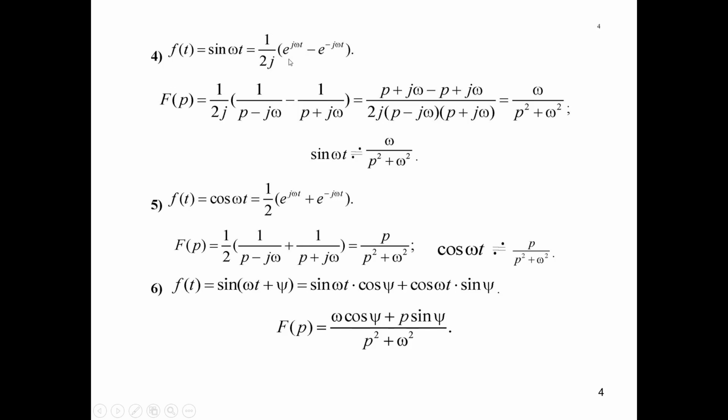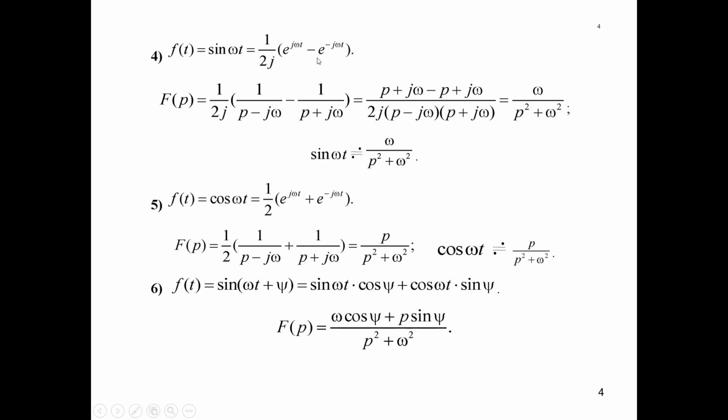Why? Because with the help of Euler's formula, it will be sine omega t plus j cosine omega t minus sine from minus omega t. It will be 2 sine omega t, and the cosine is eliminated, because sine is an odd function and cosine is an even function.